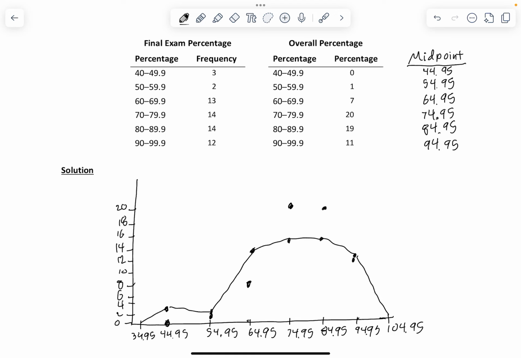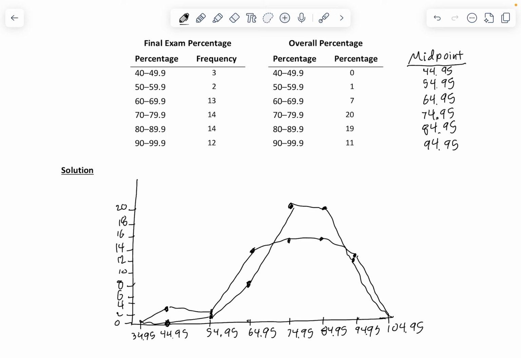So straight line there, there, and there, and then we connect back to here and down to there. So there's my two frequency polygons on the same set of axes.